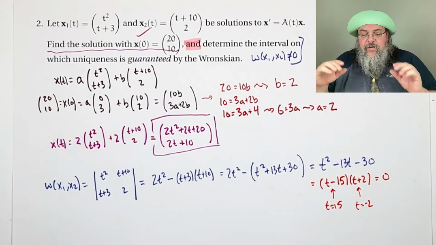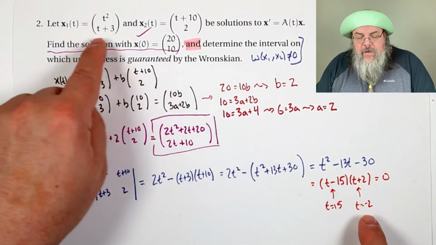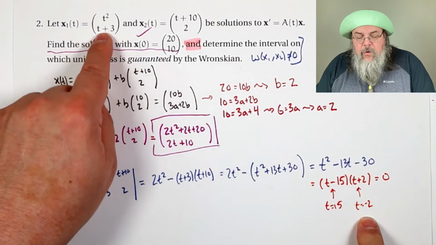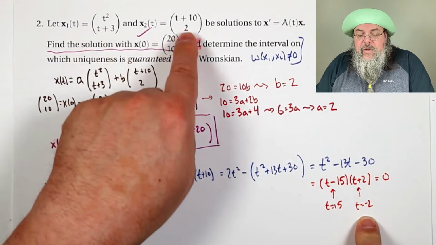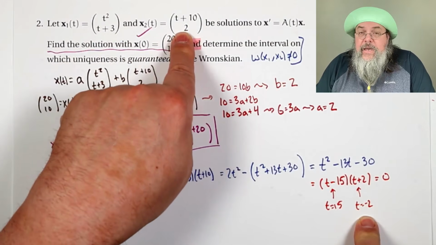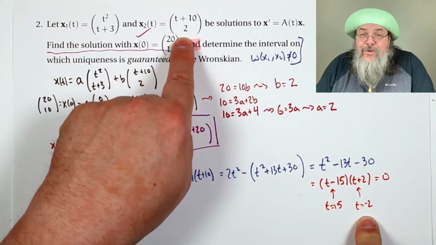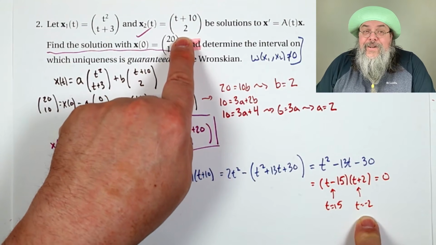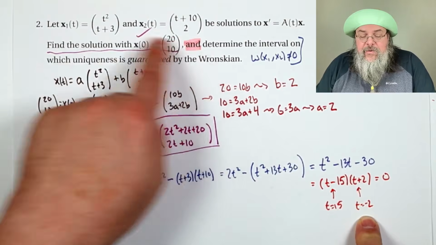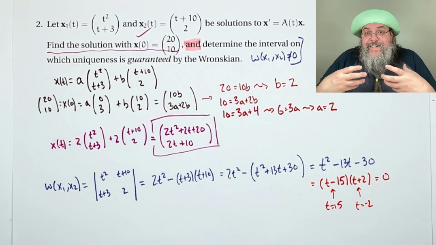is to say that, well, let's suppose we pick negative 2. If you plug in negative 2, you'd get 4, 1 here. If you plugged in negative 2 here, you'd get 8, 2. Now think about 4, 1 versus 8, 2. They're multiples of each other. And so since these are multiples, they're dependent.